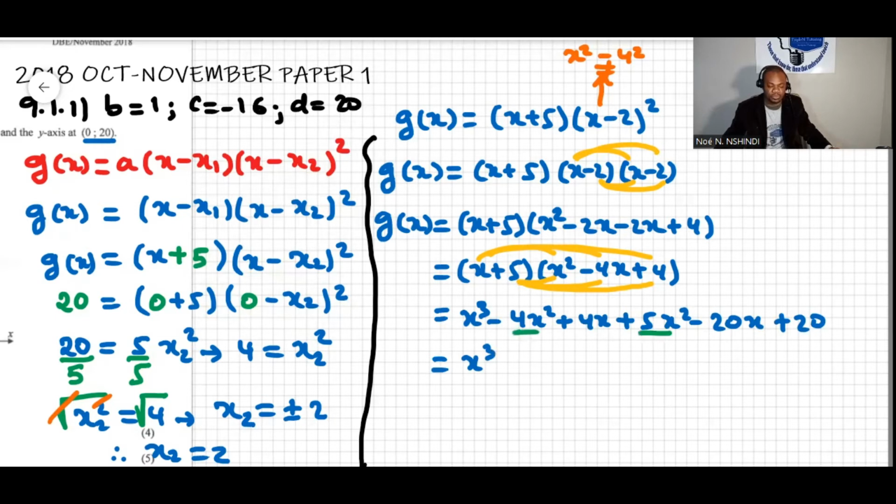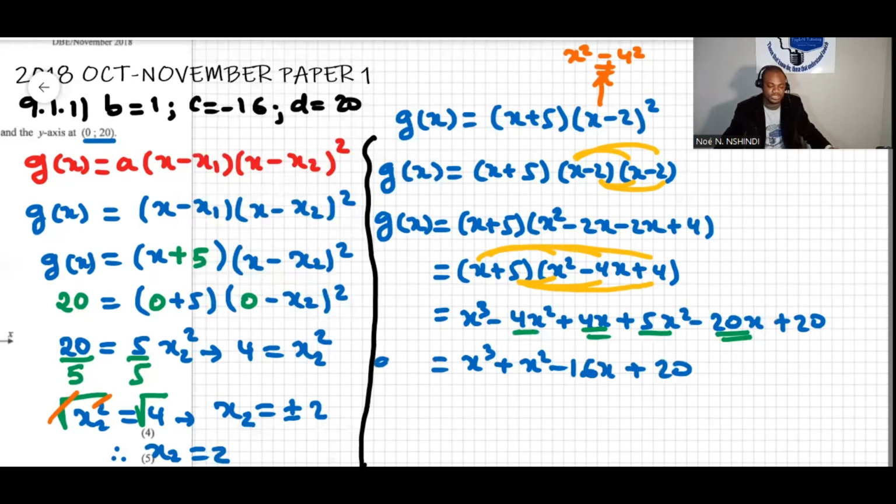will make a positive x squared, and then 4x over here and negative 20x will make negative 16x, and then plus 20.